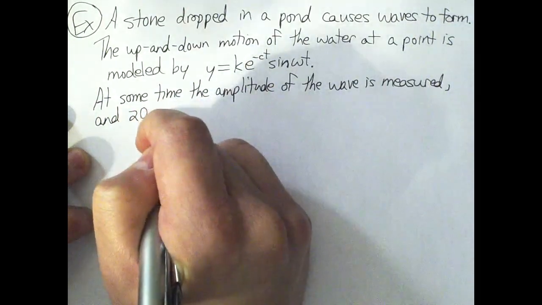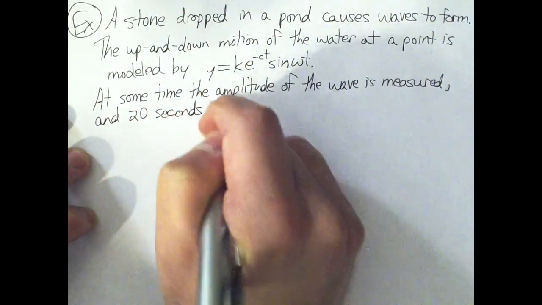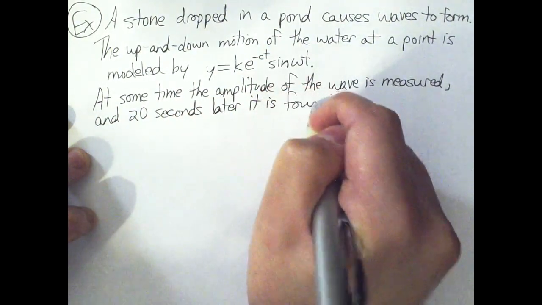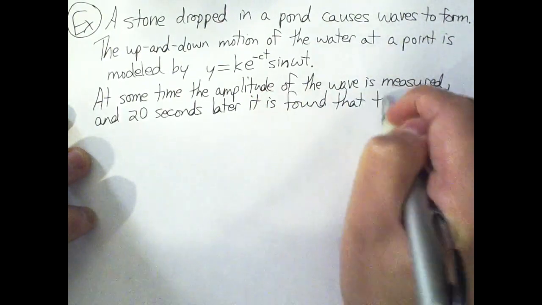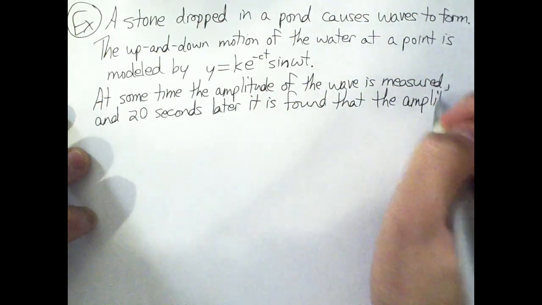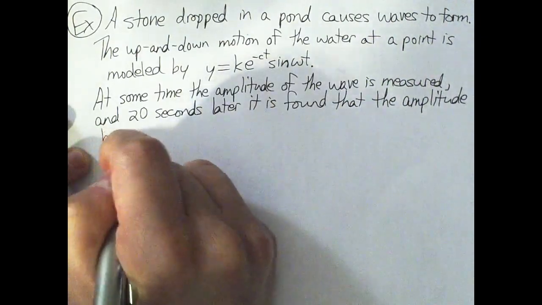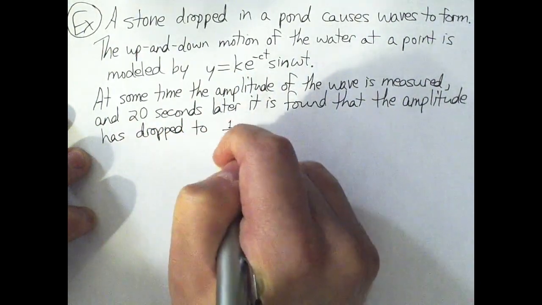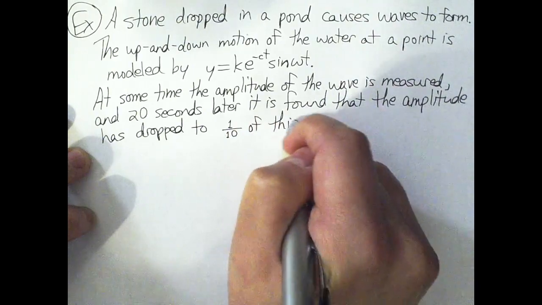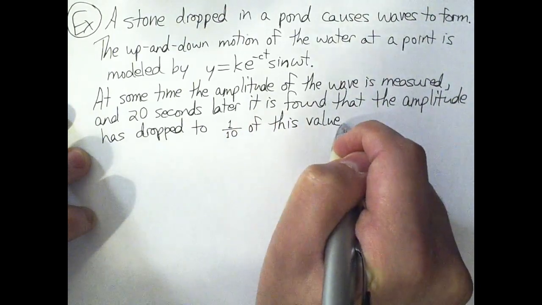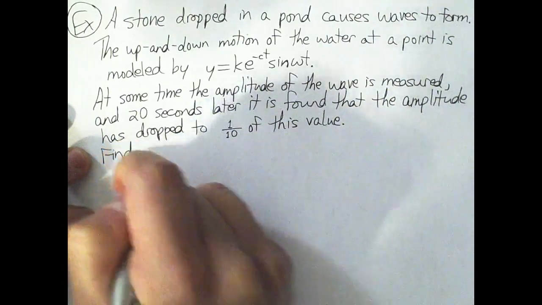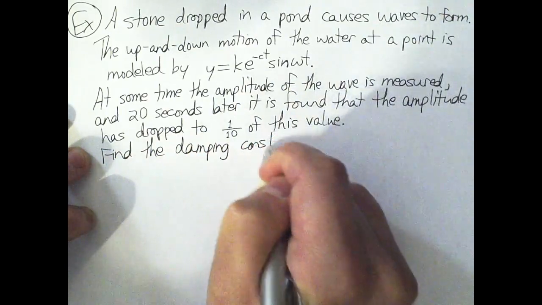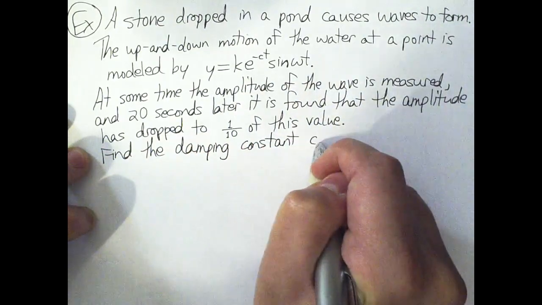And 20 seconds later, it is found that the amplitude has dropped to 1/10 of this value. Find the damping constant C. And I think I'll do this one for us.